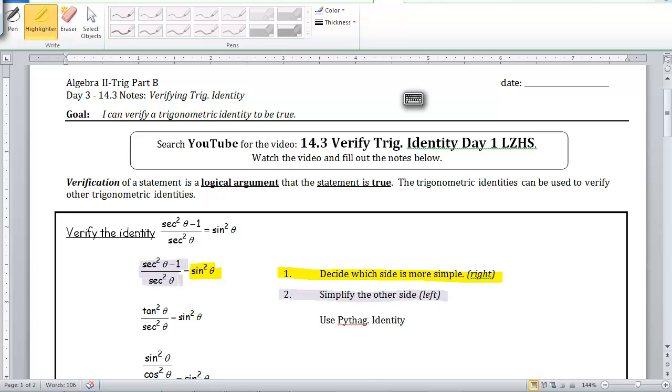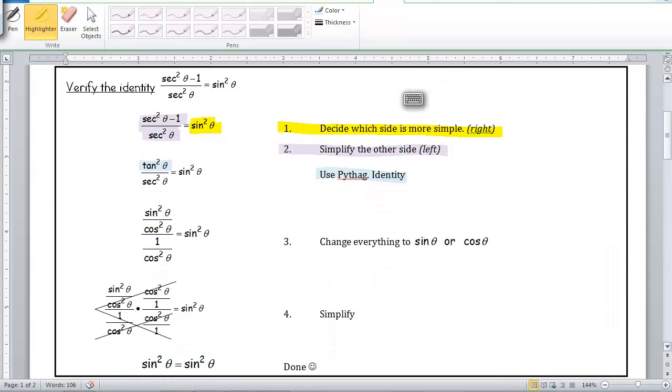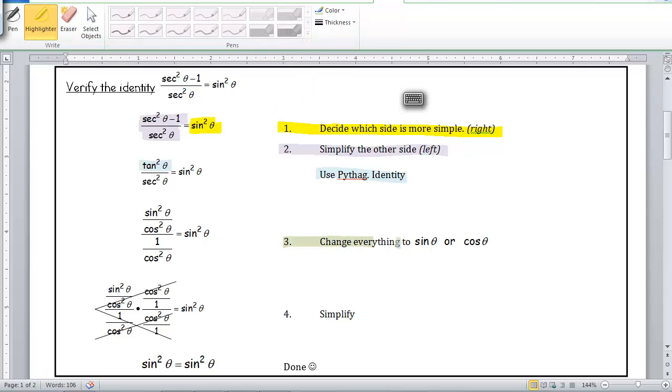So here, the left. The first thing that we're going to do is use the Pythagorean identity to simplify the numerator. Then, if I change things in terms of sine and cosine, so tangent squared becomes sine squared over cosine squared, and 1 over cosine squared is the same thing as secant squared.